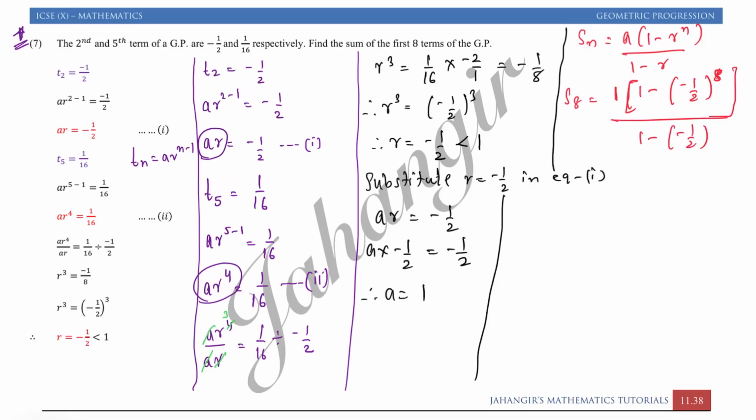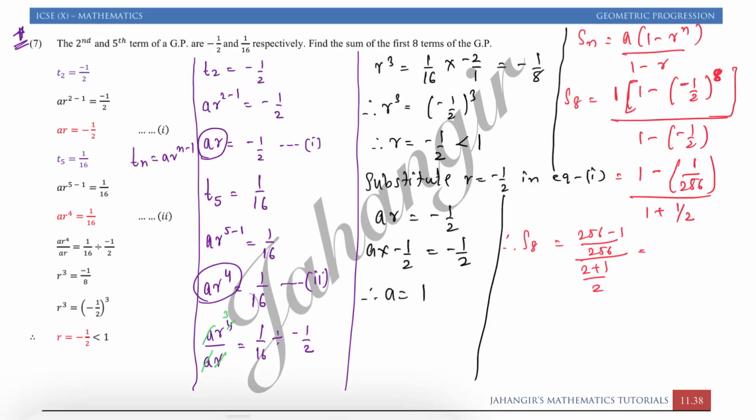So therefore 1 minus, see, a negative raised to an even power will become positive in the bracket, and 2 raised to 8 is 256. In the denominator we can make it 1 plus half. So therefore S8 is equal to, take LCM, 256 minus 1 upon 256 for the numerator. For the denominator we will write 2 plus 1 upon 2.